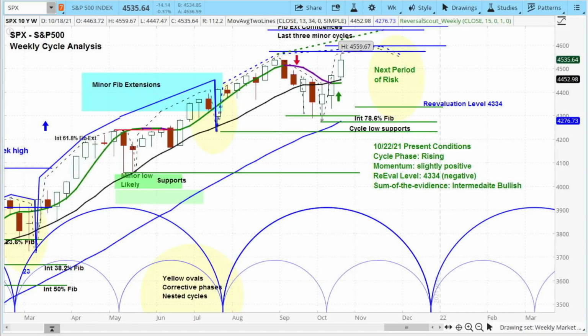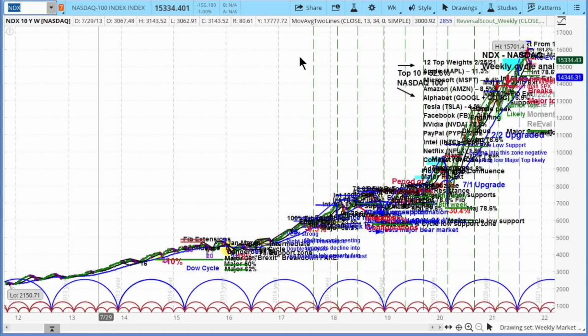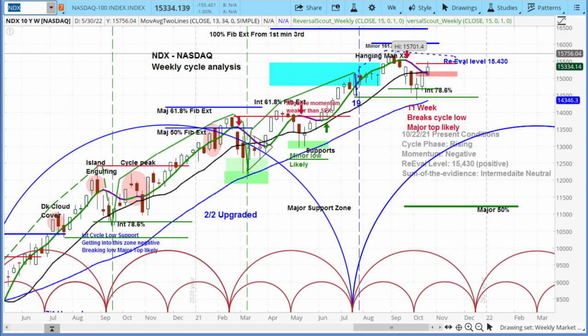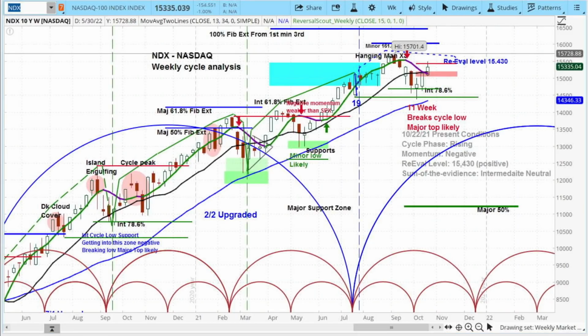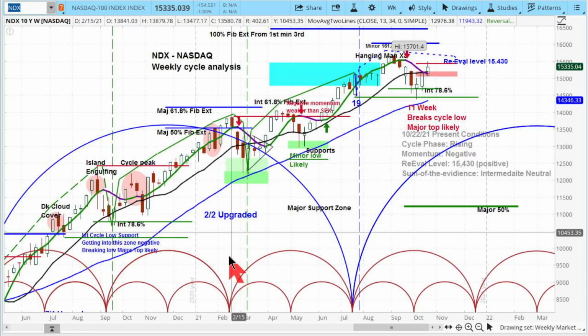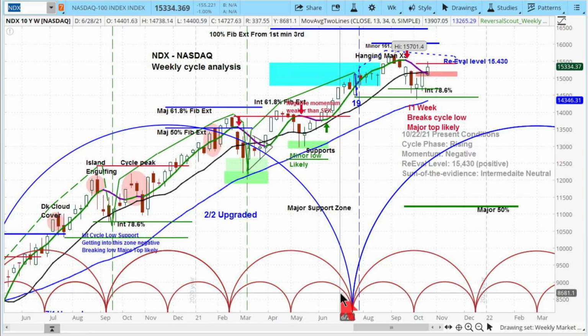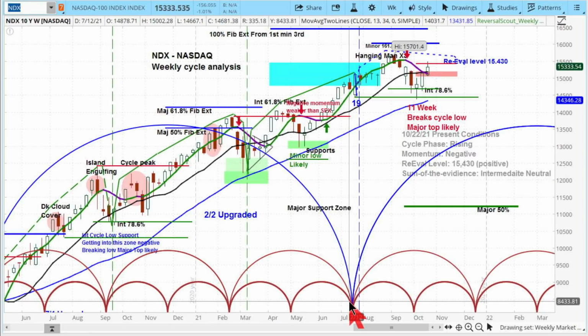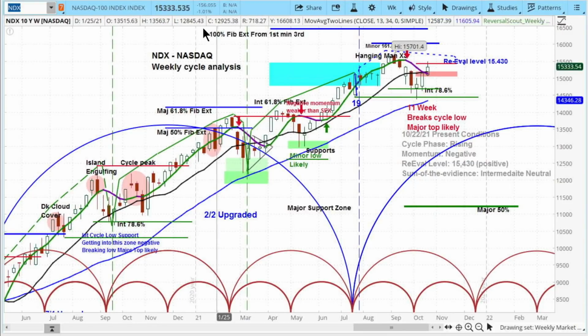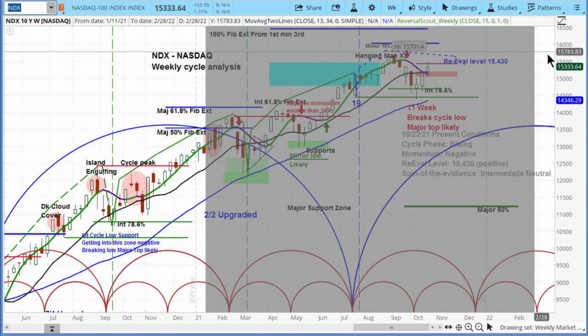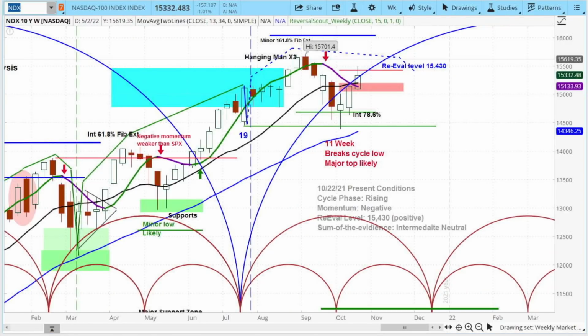Now let's switch over to the Nasdaq, which has a little bit different picture in here. And you can see in the Nasdaq, by the way, these cycles right in here again are aligned very closely to the S&P 500. And let's just look right now at where we are in the Nasdaq, and we have, well, a similar condition.